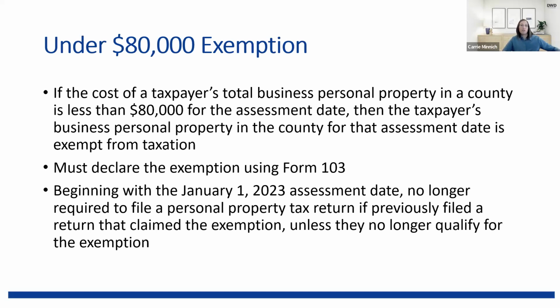And if you were to somehow get over $80,000 of property, let's say you've bought a whole bunch of property this year and now you have $100,000, you have to pay property taxes on that because your nonprofit property tax exemption went away. So this one overrode that other one.